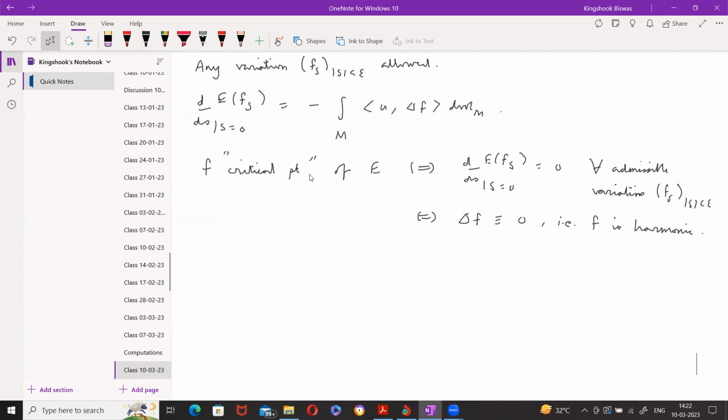Now what we want is a more general framework where we are going to look at maps between Riemannian manifolds. So now both the domain and the target are going to be manifolds.